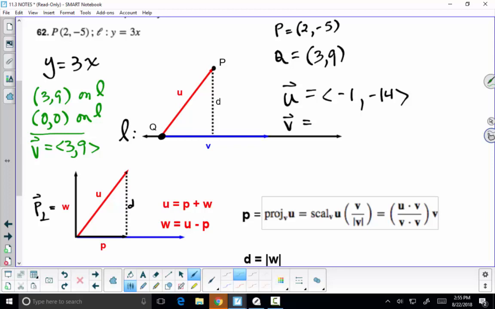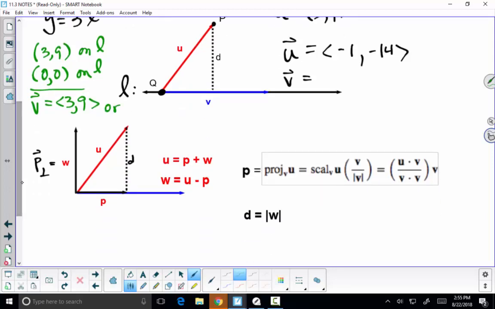Could you also pick (1, 3)? Would that work? Yeah, that would also work. It doesn't matter if you scale this vector, if you make it bigger, longer, or shorter, it's not going to change the direction. So we can scale it down to (1, 3), get rid of some common factors, maybe have smaller numbers.